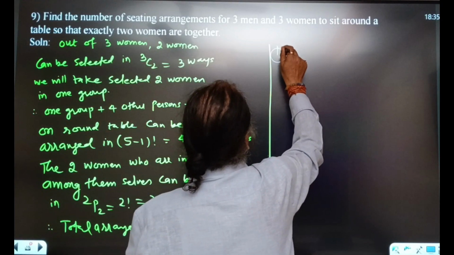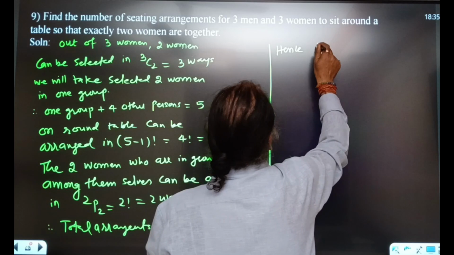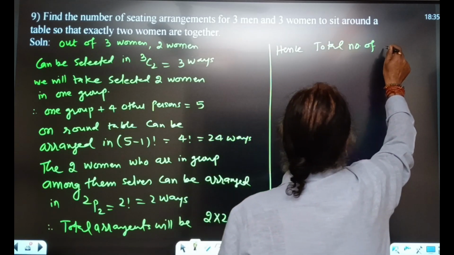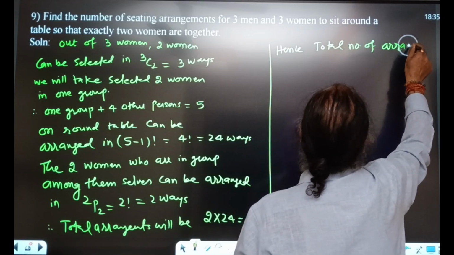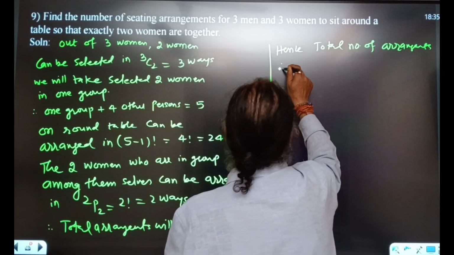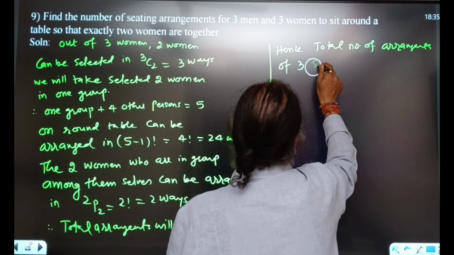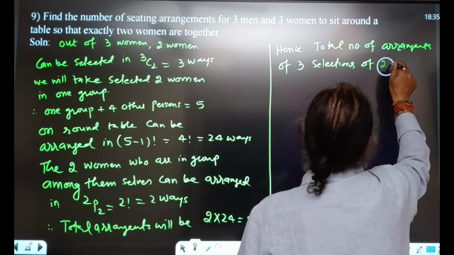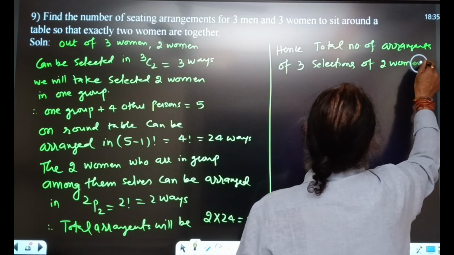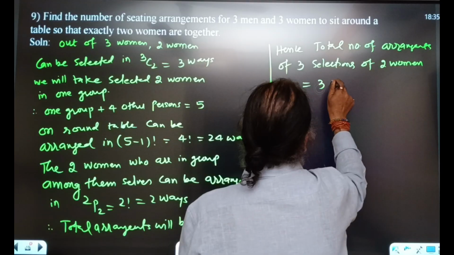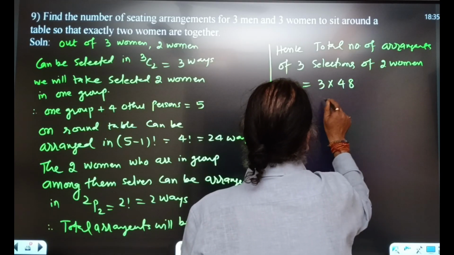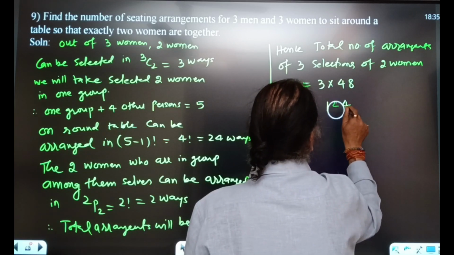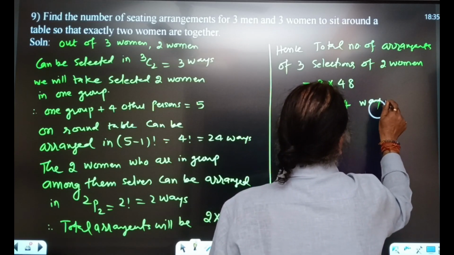Hence, total number of arrangements of 3 selections of 2 women is equal to 3 times 48, 144 ways.